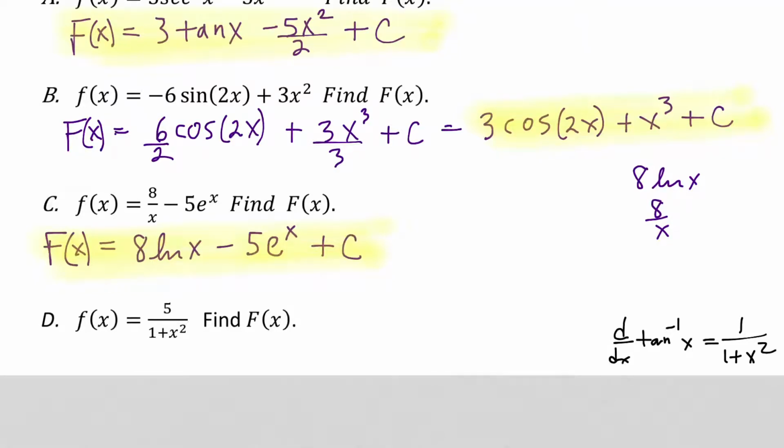So if we're trying to find the antiderivative, we want to go back to that form, inverse tangent of x. So this would be 5 inverse tangent of x plus c. And to check that, we would ask ourselves, what is the derivative of the inverse tangent of x? Will it take us back to this? And we can look over here and see that it would take us back to this form. So this is the antiderivative of this function here.